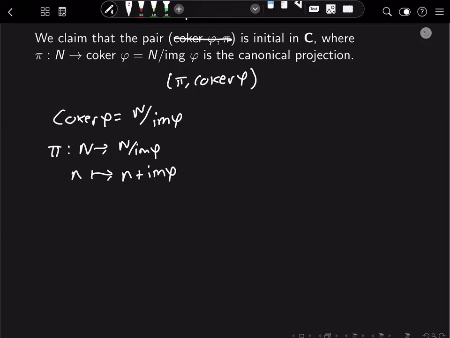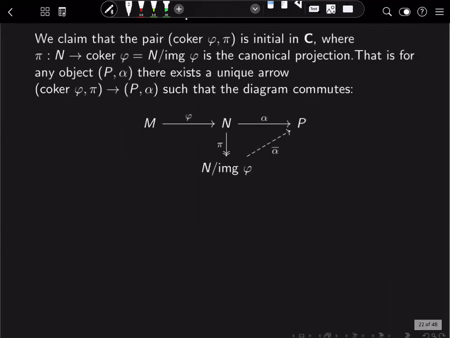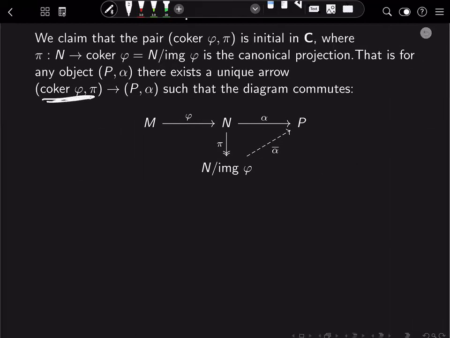So we're going to claim that this is initial in C. Then what does that look like in terms of the diagrams? So that means that there's going to be a unique morphism from the cokernel, comma phi, cokernel phi comma pi, onto an object P, alpha, such that the diagram commutes, right?